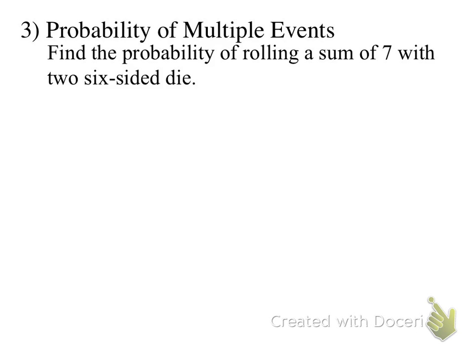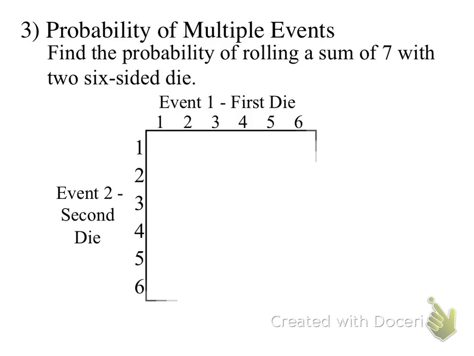Okay. Now, multiple events. Rolling a dice. The first event is rolling 1 dice. The second event is rolling another dice. So let's say I have this dice and this other, and I roll them. What is the event that I'll get a sum of 7? If I roll a 1 and a 1, the sum is 2.